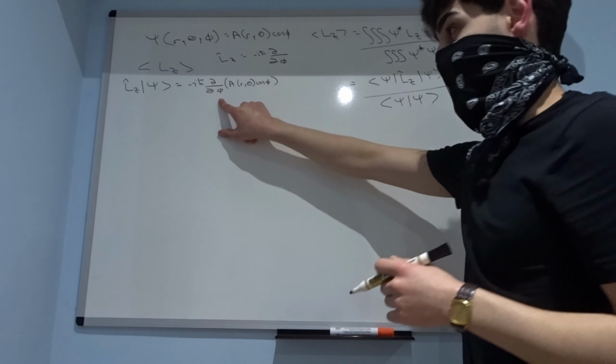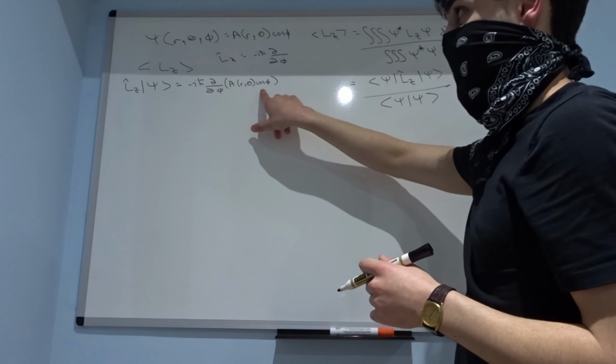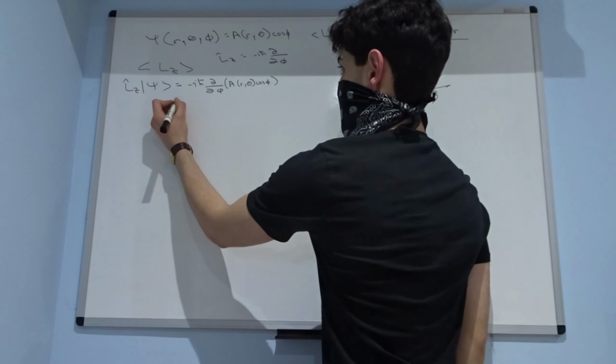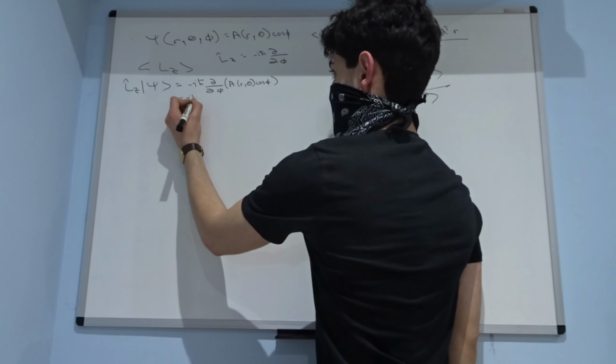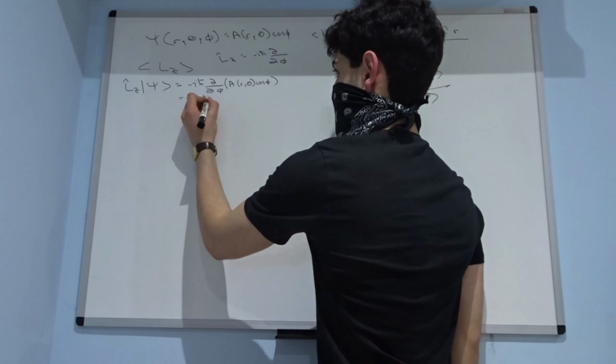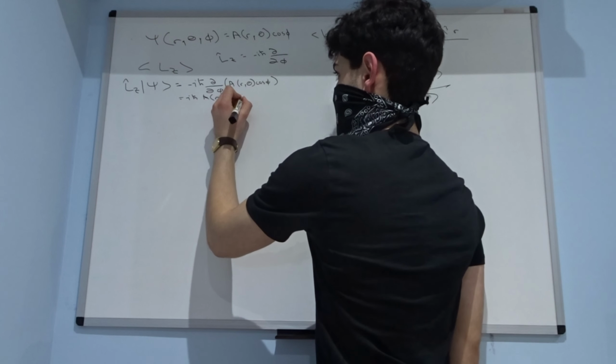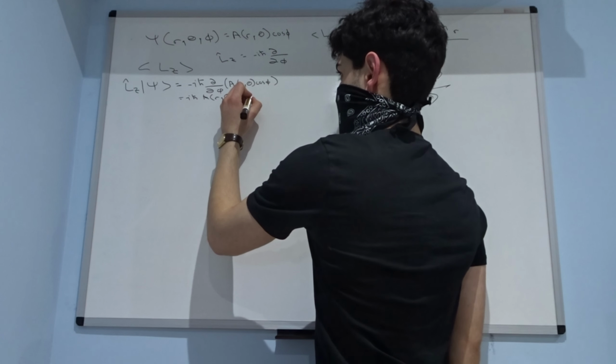Only one thing in here varies with phi, which is cos. So the minus sign is going to cancel that minus, and we're going to get i h bar A of r theta sine phi.